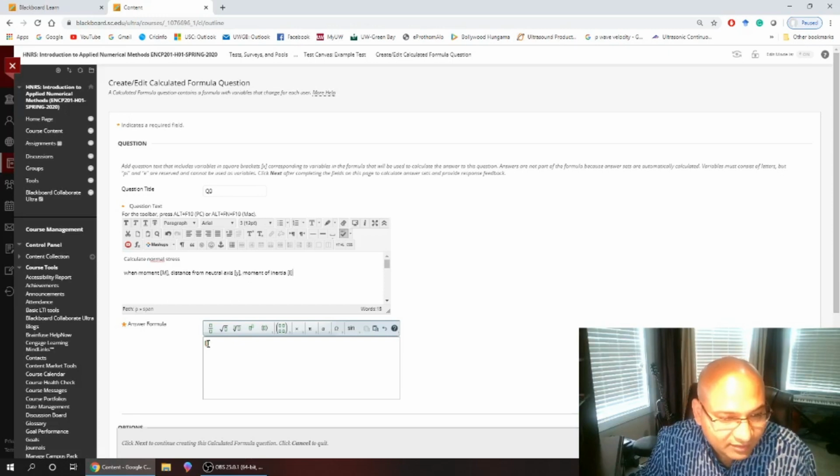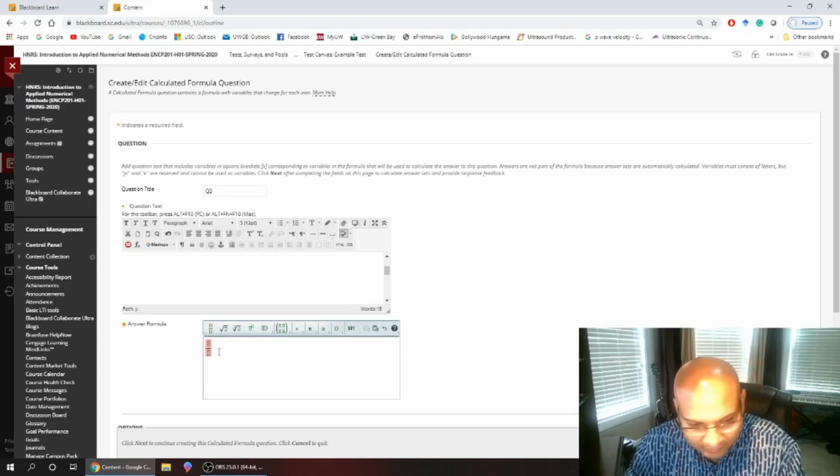Now I have to write the formula to find the normal stress in the beam. Let's say this is my formula bar, M y divided by I.